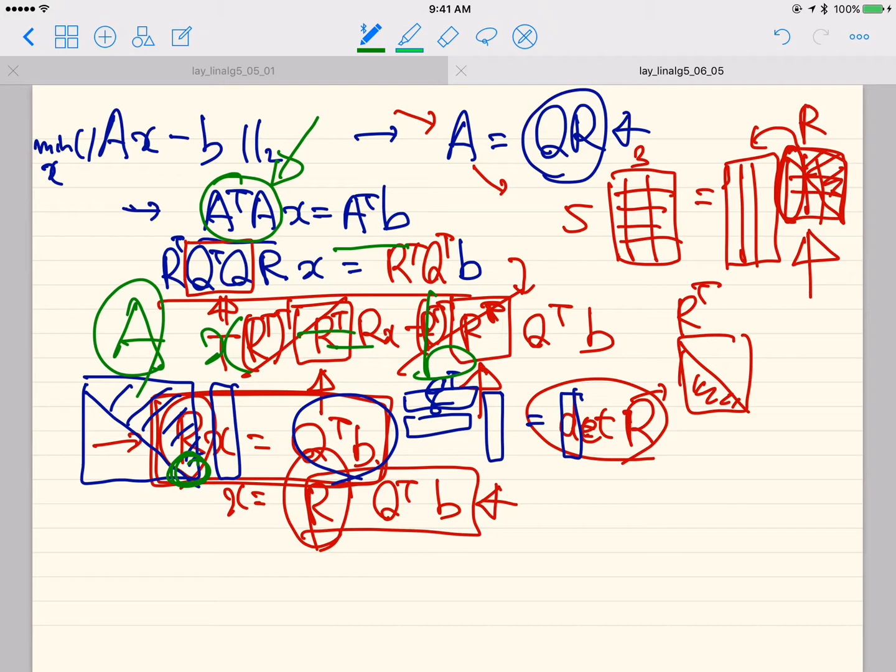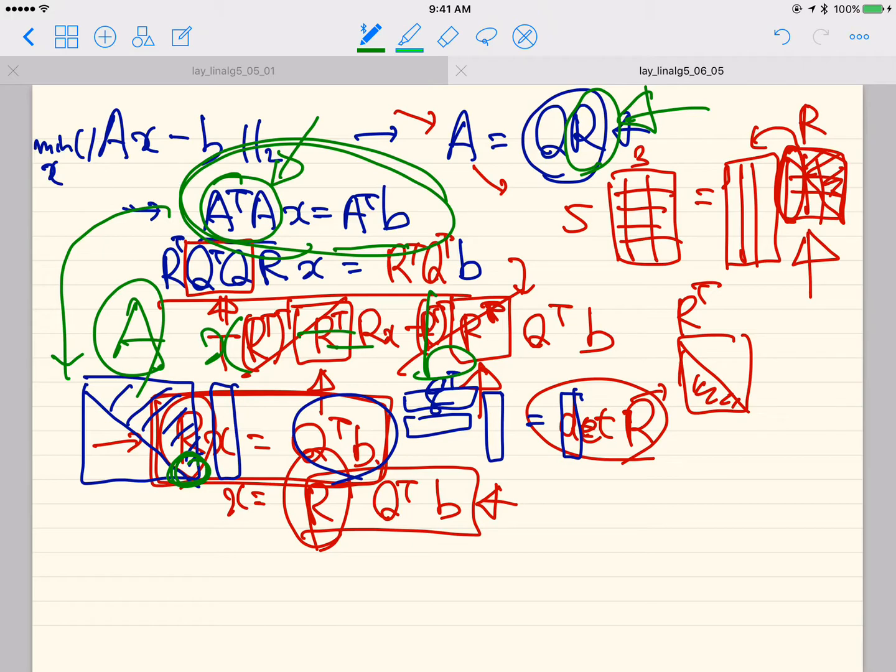Now, if your matrix does not have orthonormal columns, but somehow you obtained the orthogonalization of your columns as a QR decomposition, then the problem is reduced to not the simplest one, but a little bit simpler one, the upper triangular case, because R is an upper triangular matrix.